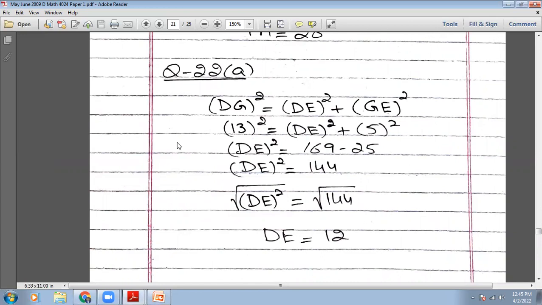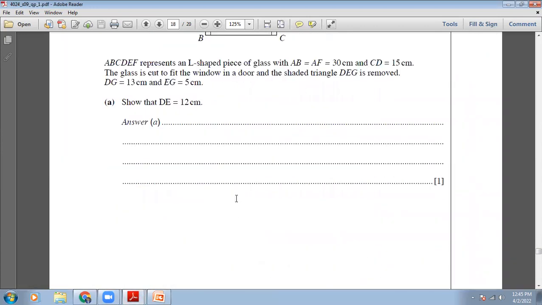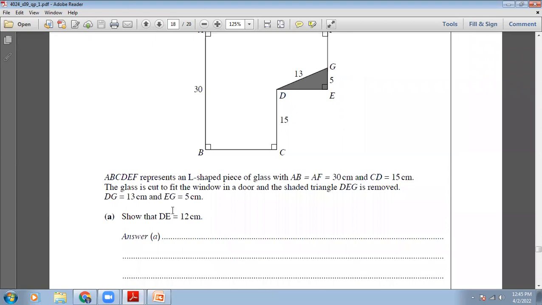So DE square will be equal to 169 minus 25. So DE square will be equal to 144. Take the square root on both the sides. So DE is 12. That's what we were supposed to show.